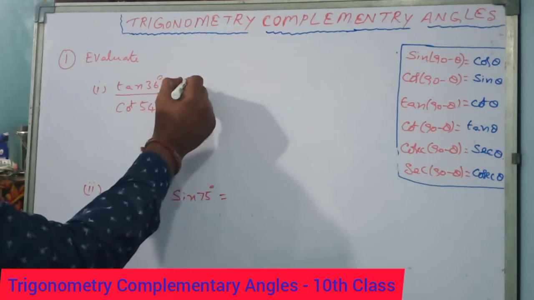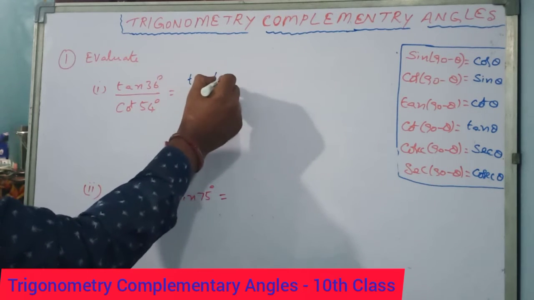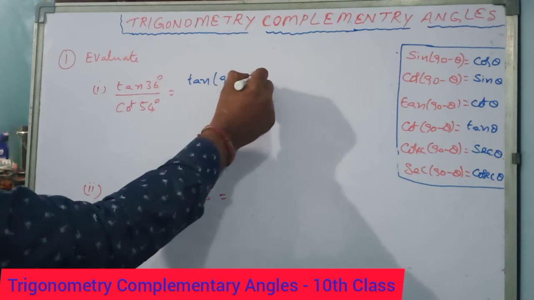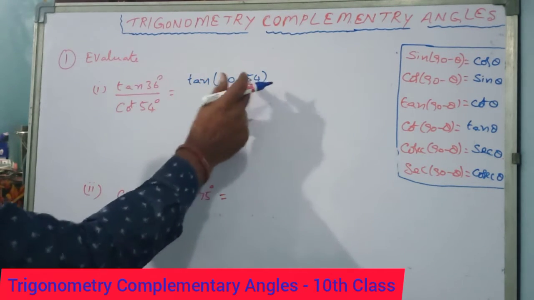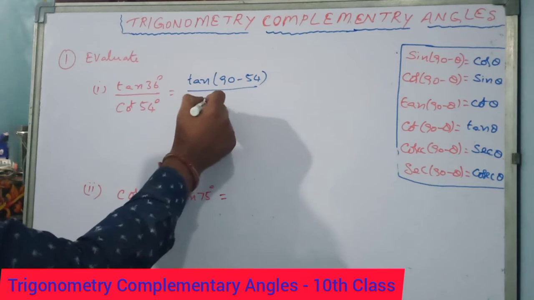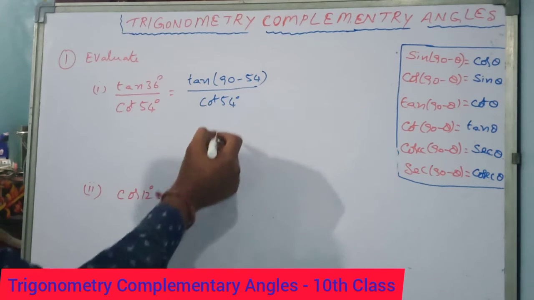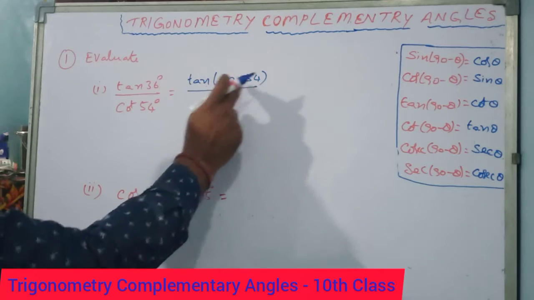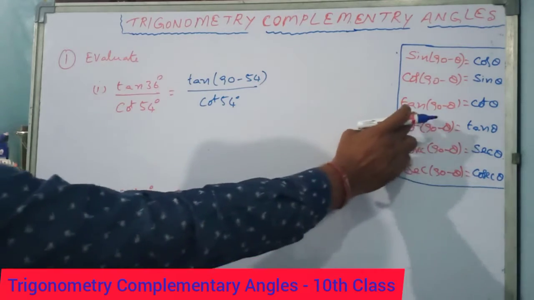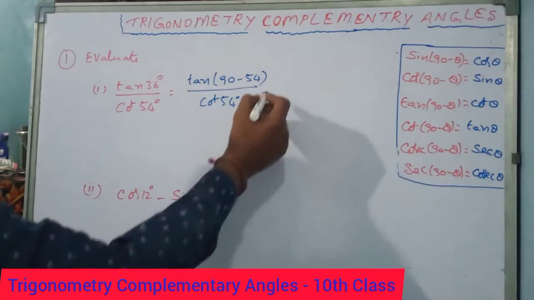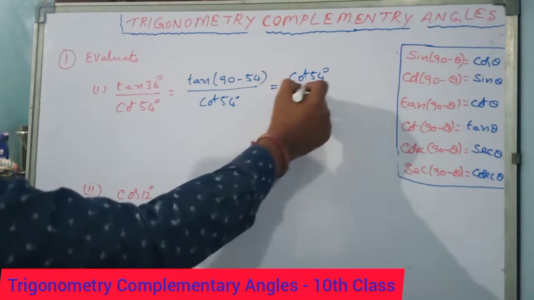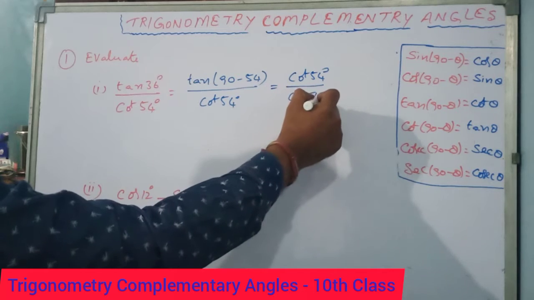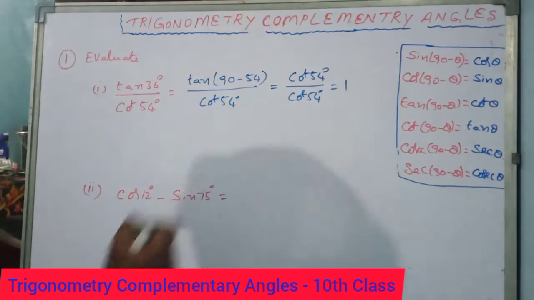Tan 36 can be written as tan of 90 minus 54, since 90 minus 54 equals 36. So tan of 90 minus 54 divided by cot 54. What is tan of 90 minus theta? Cot theta. So cot 54 by cot 54 is equal to 1.